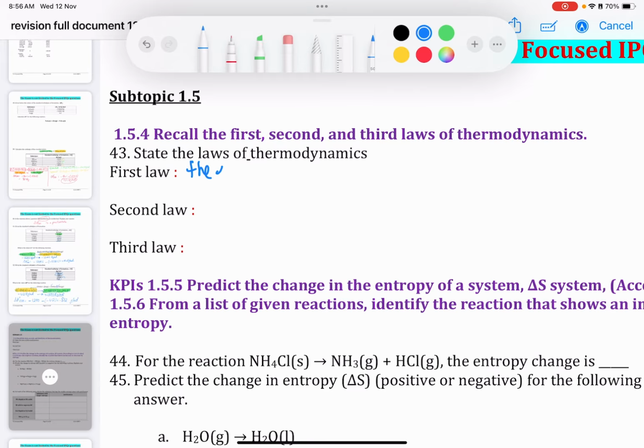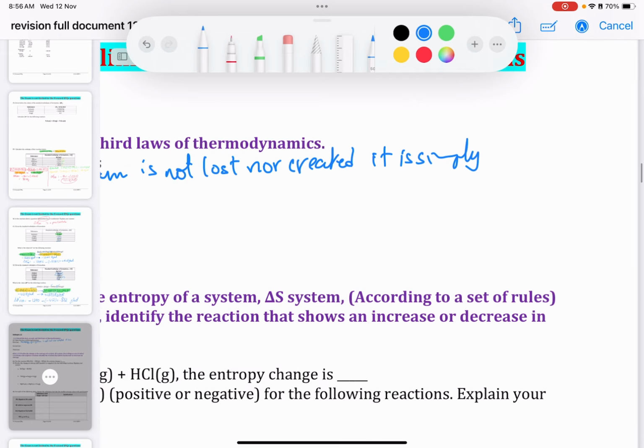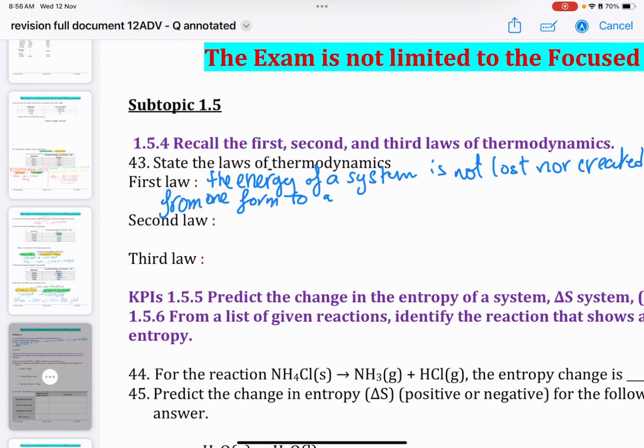So the energy of a system is not lost nor created. It is simply changed or transferred from one form to another.